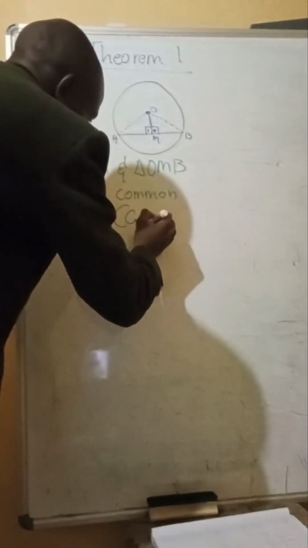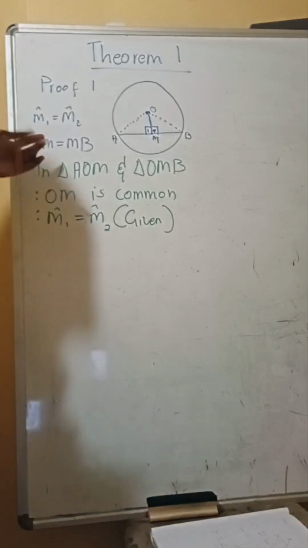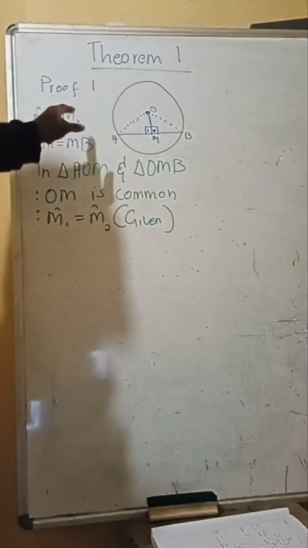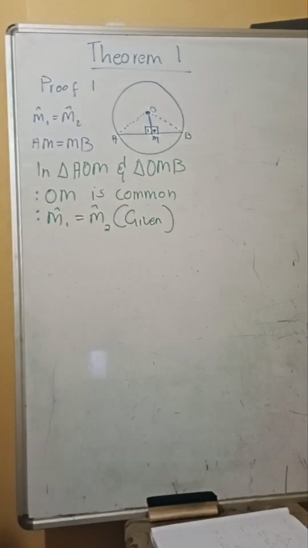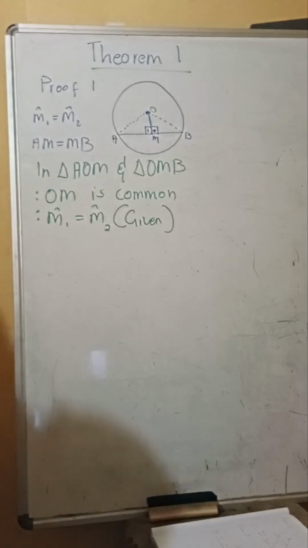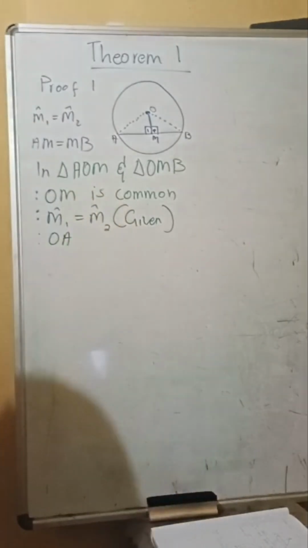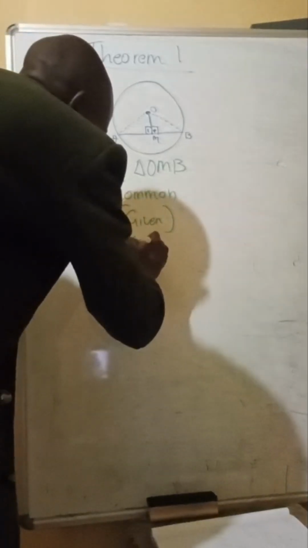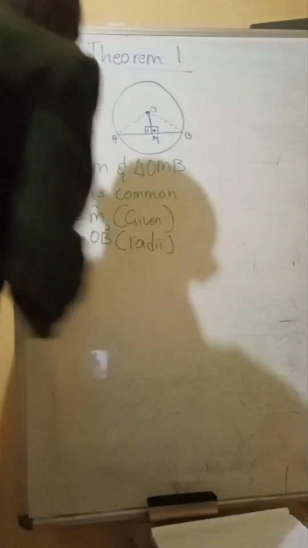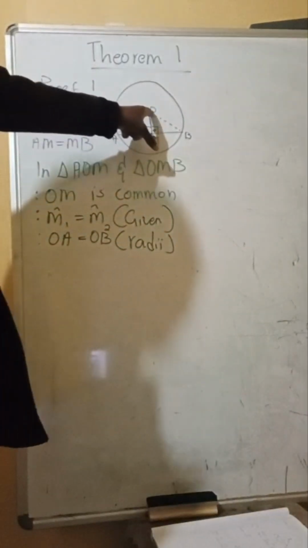The reason is that it is given. Remember that we were told to prove that AM is equal to MB if M1 and M2 are equal. You were given that. Now the last step here, OA is equal to OB. Why? They are called the radii, lines drawn from the center to the circumference.